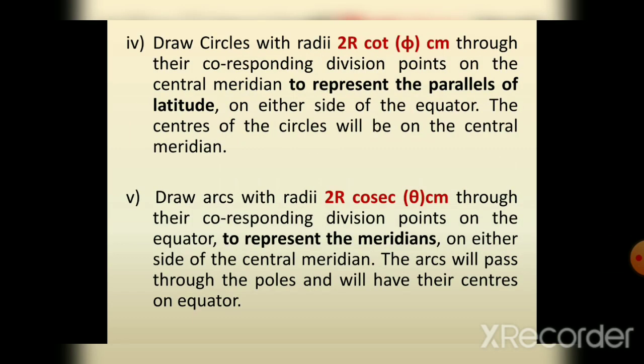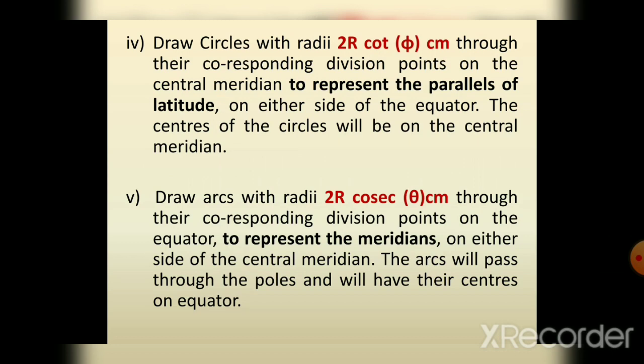Next comes drawing the circles of radii of the parallels of latitude, and for that you have to take the values from the table of twice R cot φ in centimeters, and taking each of the values you have to draw the parallels of latitude. Similarly, following the values of twice R cosec θ from the table, you have to draw all the meridians.